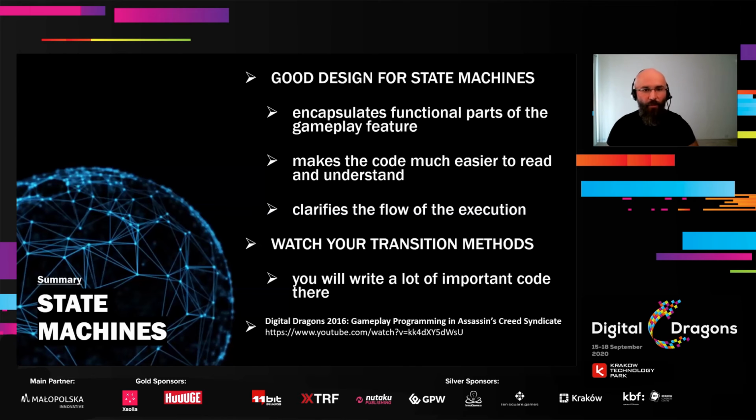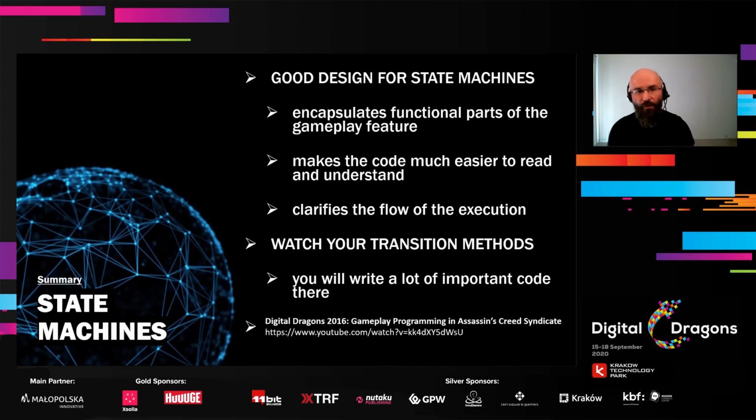So, a summary for state machines: this is a very important concept, especially for higher level gameplay programming. I'm encouraging you to try in your engine, in your code, in your data, some form of state machine, and think about what's the best design for your particular case.